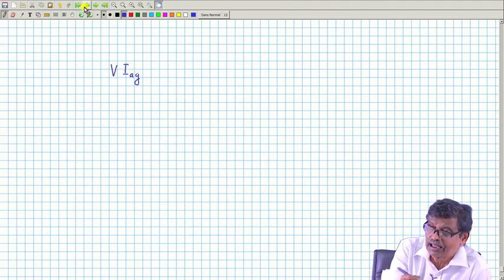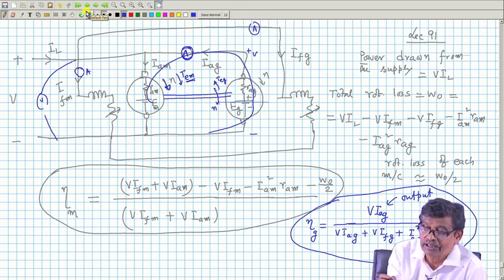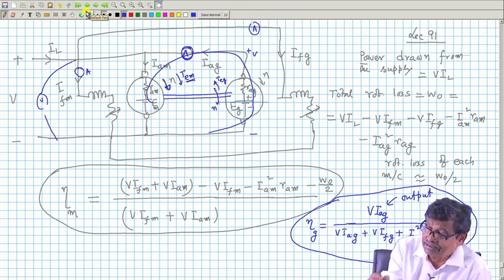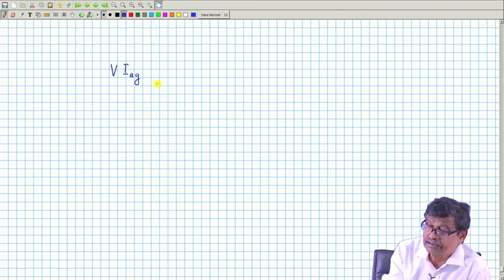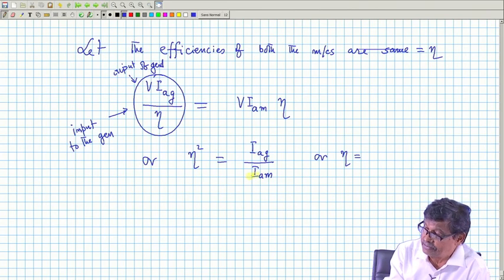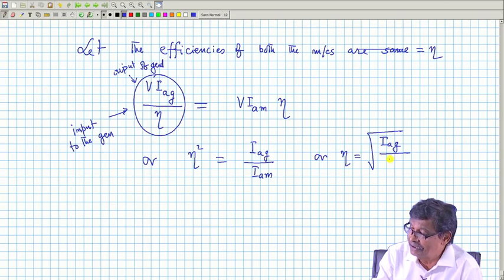Okay, in detailed actual calculation I can get the correct efficiencies, no doubt about that. But what I am telling is, if you have connected all the meter readings, you know IFG, you know IAG, you know IAM, suppose you have connected an ammeter here also, then the efficiency of each of the machines will be under root approximately the armature current of the generator by armature current of the motor.